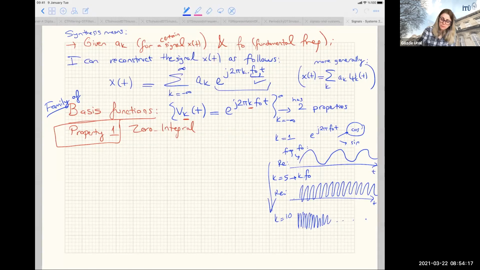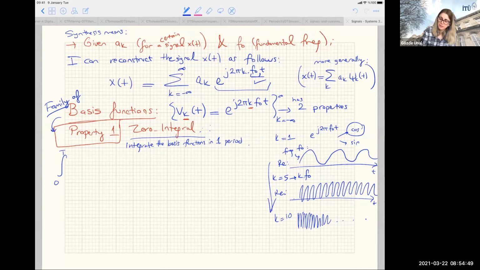So the zero integral property is really, as the name says, zero integral. This is a property of the basis function. I need to integrate the basis function in one period. We know the period is T0, of course.